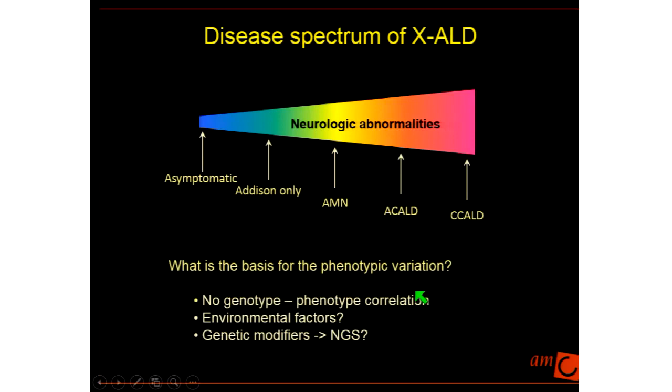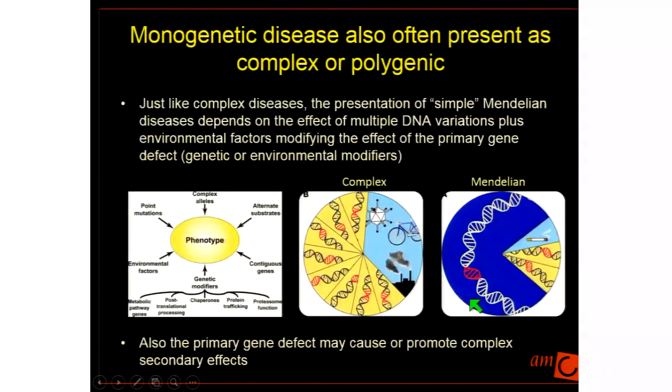And the basis for this phenotypic variation is at this moment still unclear, and we are also doing studies on that. Apparently there's no genotype and phenotype correlation, but you can also wonder whether this was the case in these Zellweger spectrum patients. So you may wonder whether there are environmental factors involved and whether there are genetic modifiers. And to identify these genetic modifiers, NGS may be of great help also.